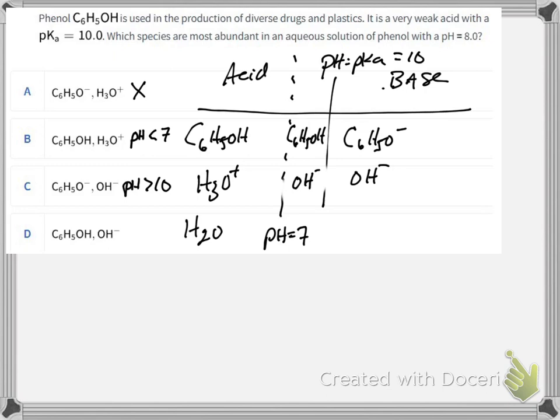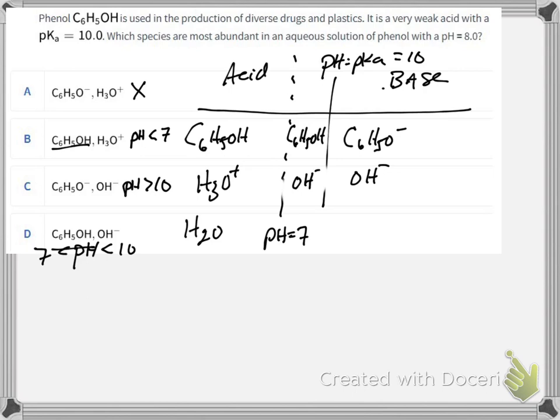Okay, so we can kind of see now if the pH equals 8, we have to be under the acidic form of phenol because we're at a pH less than pKa. And then at pH equals 8, we definitely cannot be under hydronium.